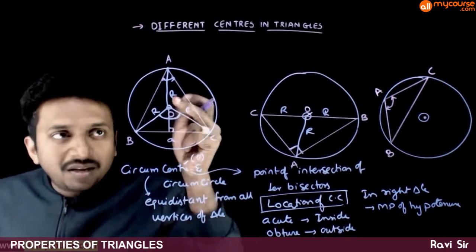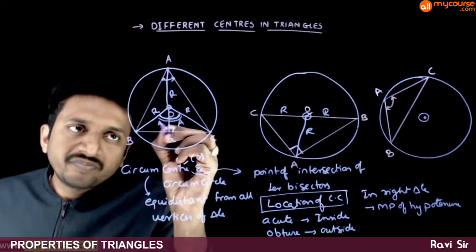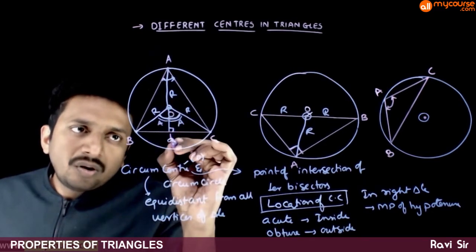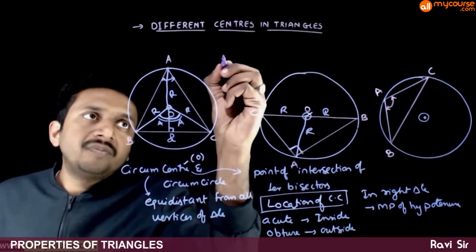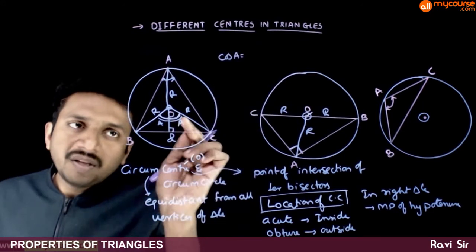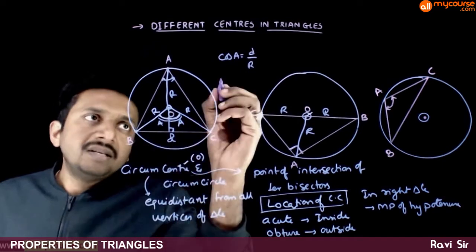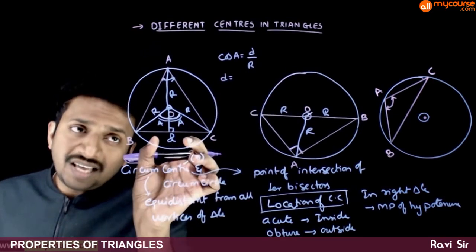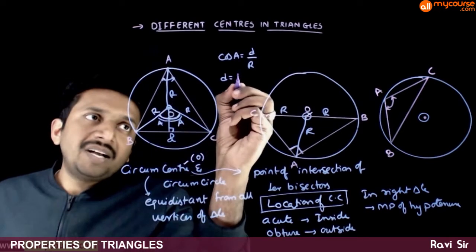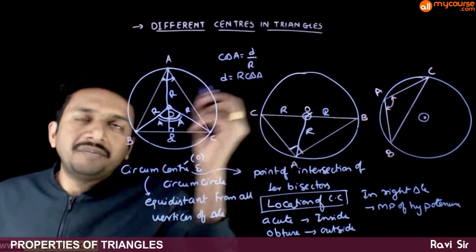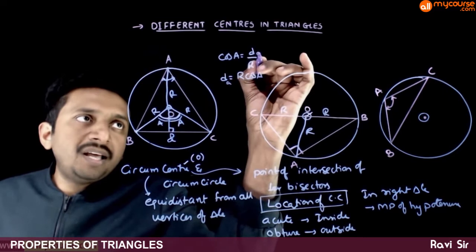And if you draw a perpendicular, this 2A will be divided into two parts, A and A. Now, triangle ODC is a right angle triangle, and cos A is equal to the adjacent side, which is the distance, by R. So the distance of the circumcenter from side a can be written as R cos A.